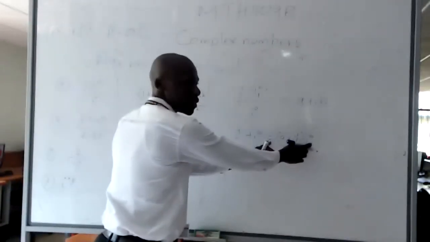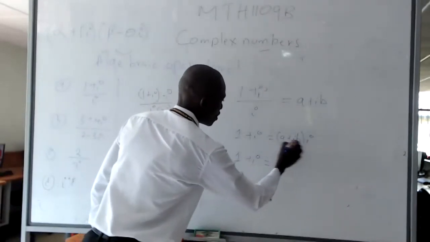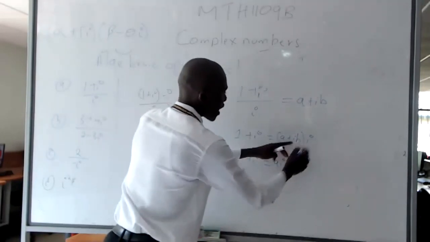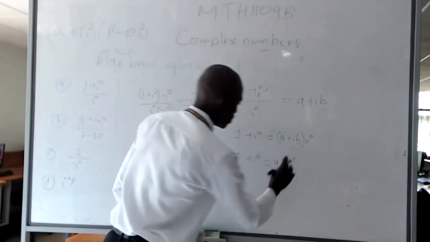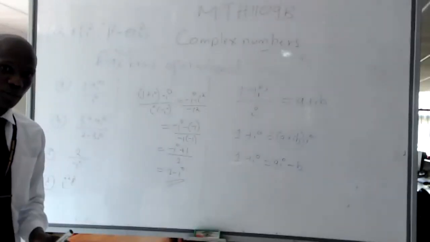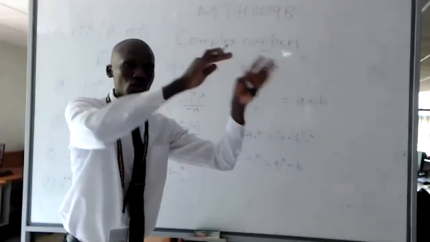Open the bracket on this end. So 1 plus i is going to be a times i plus i times i, which is i squared. That's -1 times b, so this is minus b. Two complex numbers will only be equal if the real part equals the real part and the imaginary parts are also equal.